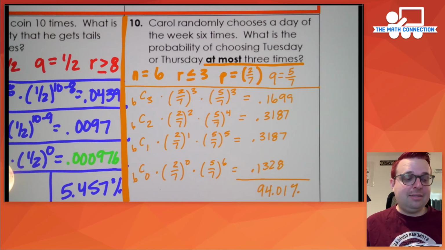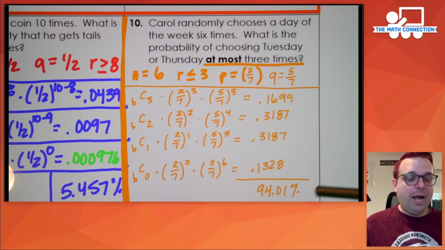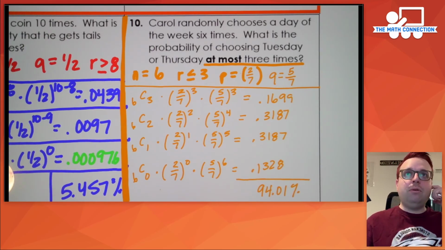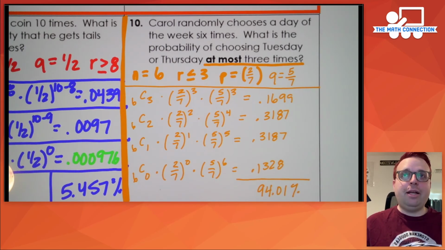It doesn't make sense if we were to go any higher than this, because let's say for example we were looking for the probability that she does it at most 5 out of the 6 times, she picks Tuesday or Thursday.